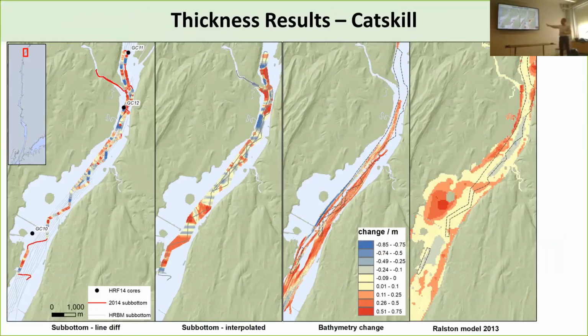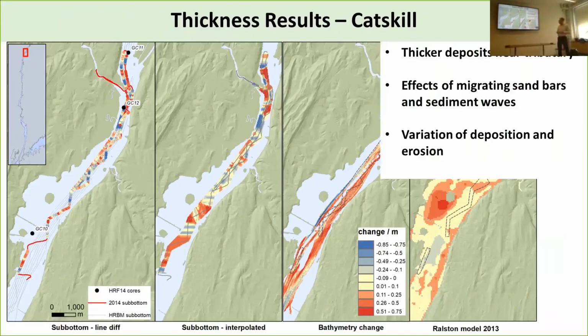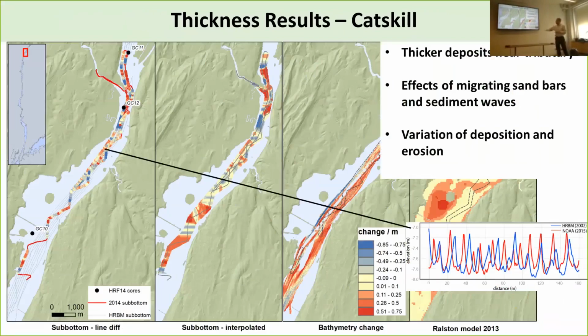And the model shows a lot of deposition in the shallow areas, but our data don't go into the shallows. We didn't have previous data going there. I can also use this here as an example: if you look at the bathymetry data from this area, you actually see the difference.